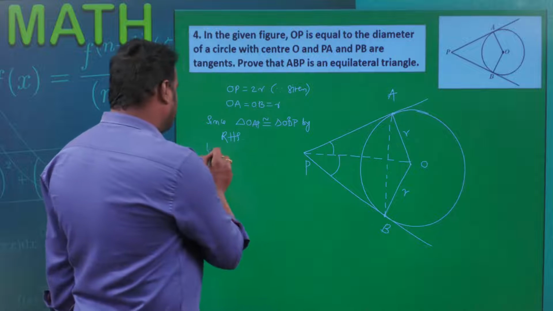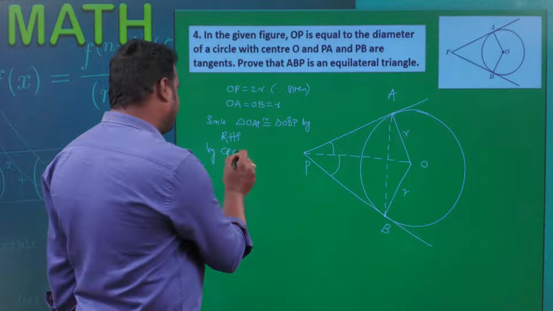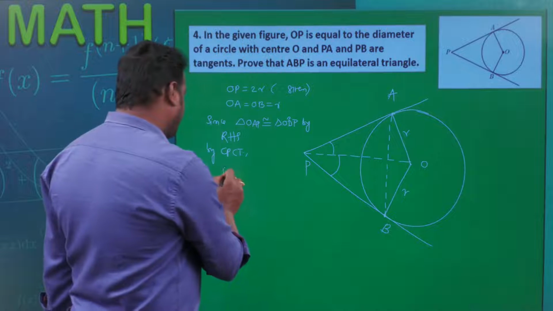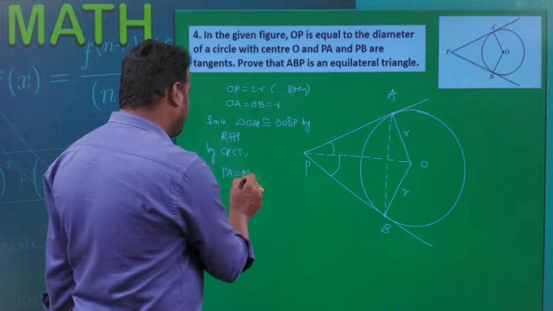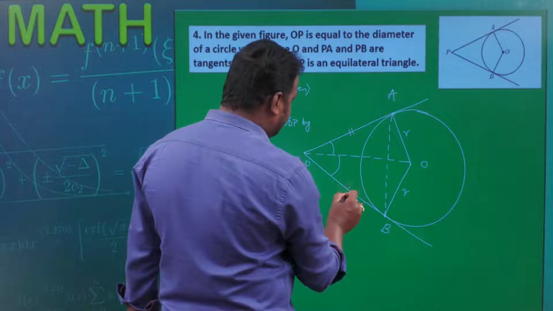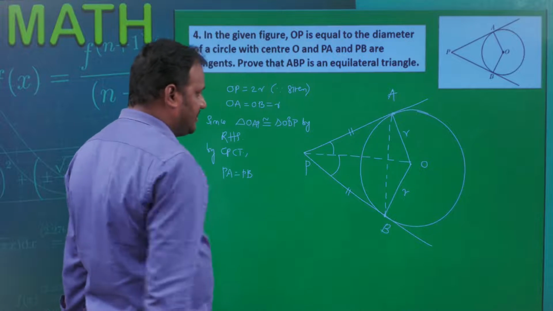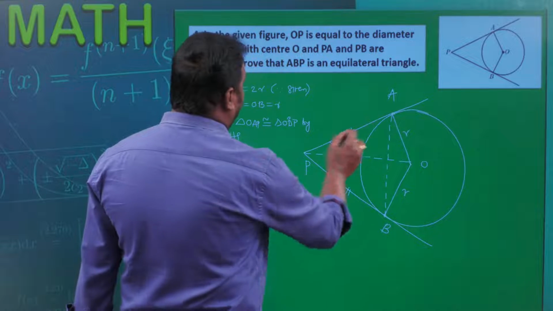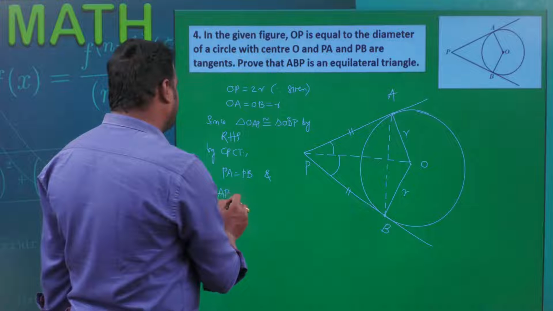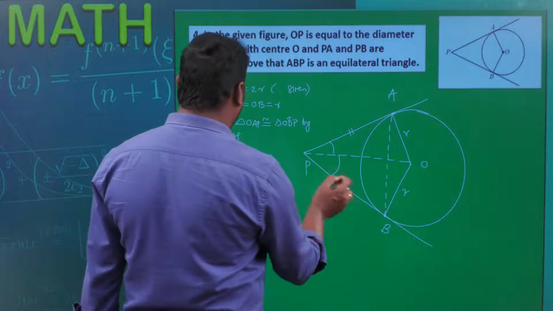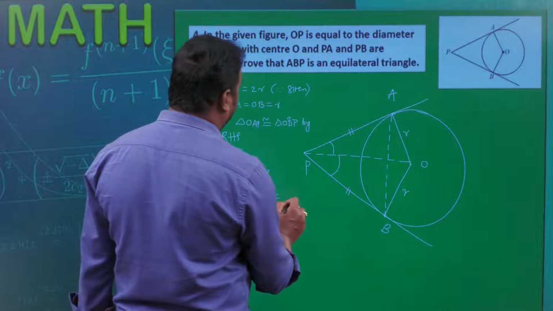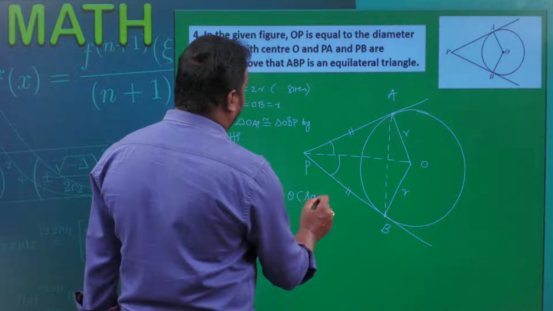Okay? So, by CPCT, we can say that PA is equal to PB. Means this side is equal to this side of this triangle I am talking about. And angle APO is equal to angle BPO, is equal to some theta.